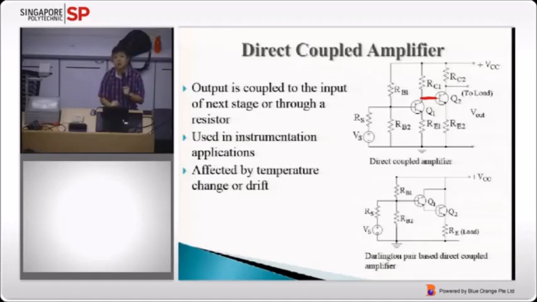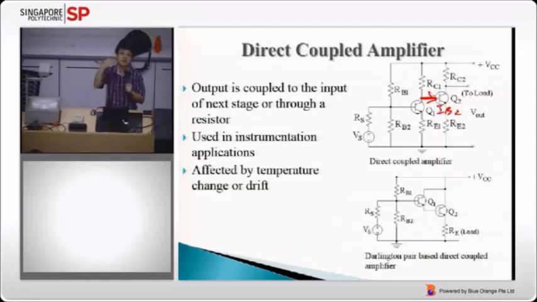But it's also a disadvantage. Why is it so? You studied DC analysis. Your Q point is determined by what current? Your IB, right? So this is IB2 going in. If the first stage happens to amplify a DC signal and it comes in and adds on to my IB2, will my second stage Q point shift?